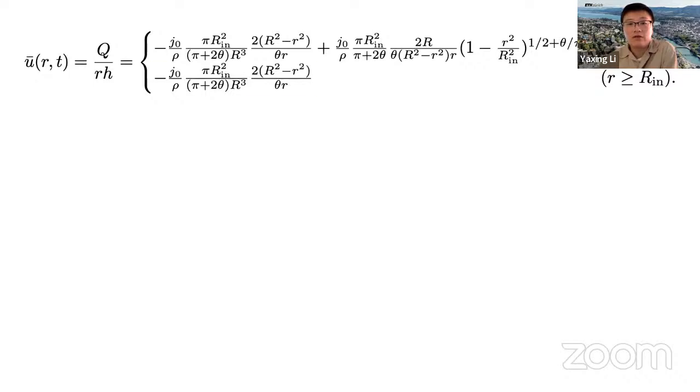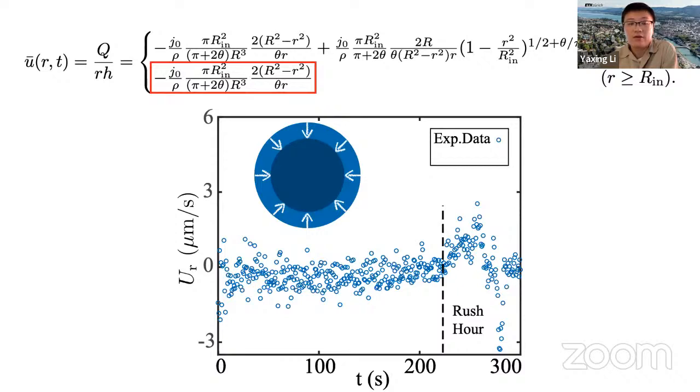What we need to focus on is the second part, when R is larger than the area covered by the silicone oil. Here the red areas indicate the radial flow predicted by the equations I marked in the red square.